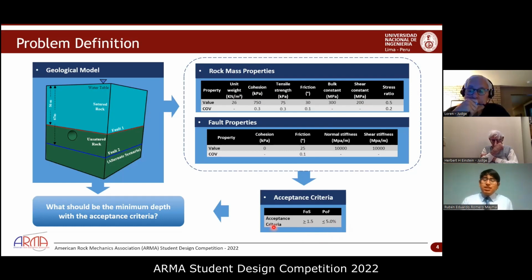And the second restriction takes into account the depth of the tunnel to be excavated, which cannot be less than 60 meters. The problem requires the estimation of the minimum depth to excavate a circular tunnel of a radius of 3 meters. And also an alternative scenario is asked, considering a second horizontal fault at 67 meters.